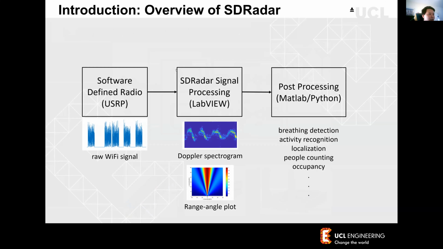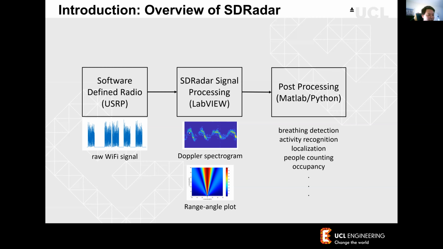This is an overview of the SDR radar signal processing. Basically, you take the raw Wi-Fi signal from the SDR device, and this is what you get. Then you perform SDR radar signal processing. You can get something like the Doppler spectrogram, or this range-angle plot to detect the relative angle from the signal source.